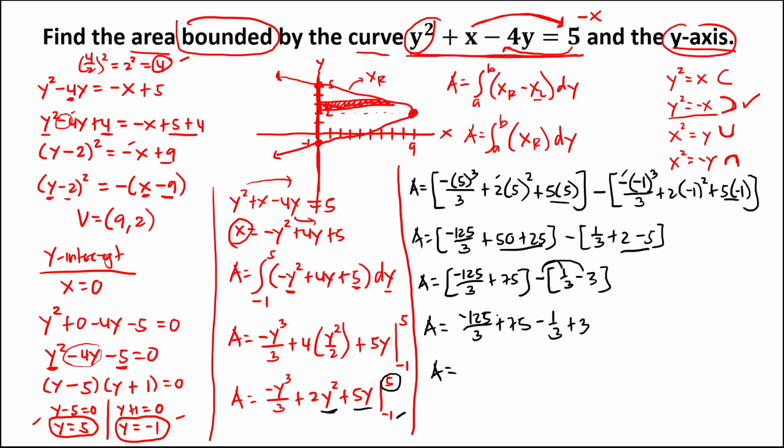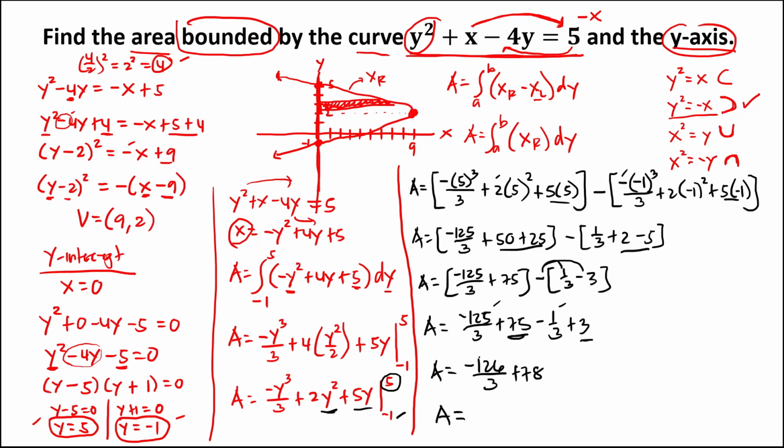So area equals negative 125 minus 1, negative 126 over 3, then 75 plus 3 is 78.